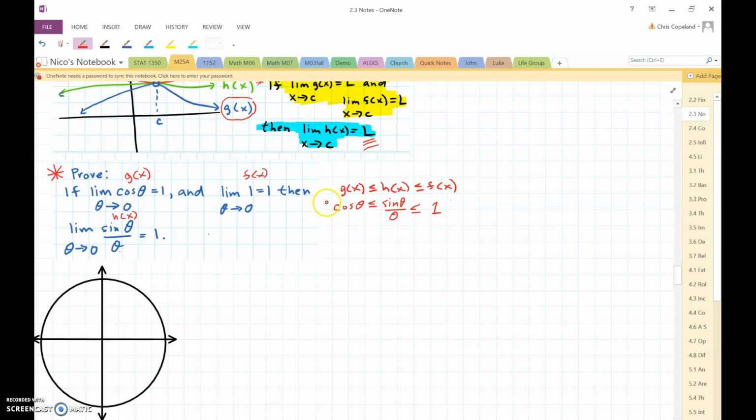So first of all, we need to come up with functions where these relate, and this condition is true.